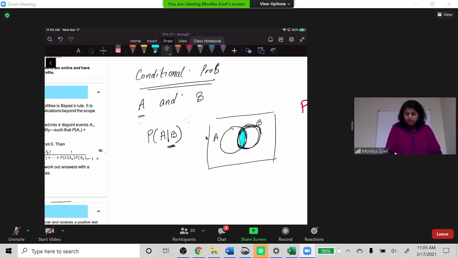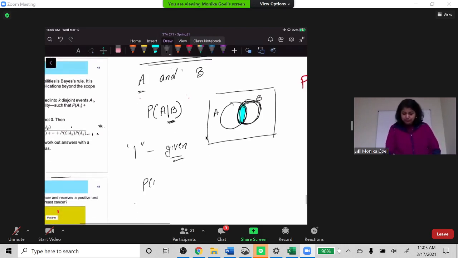The probability of A given B, this symbol is how we say "given." So A given B means B has already happened and we are looking for the probability of A, this part inside this. How does this change when I know that B will affect my A?